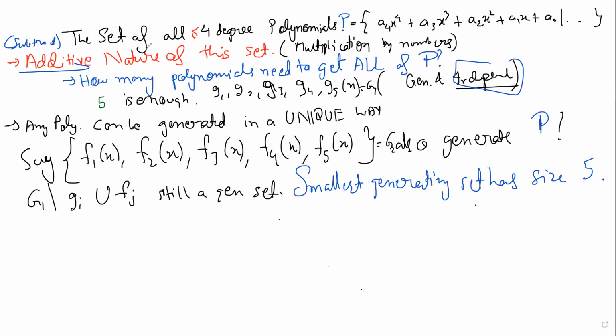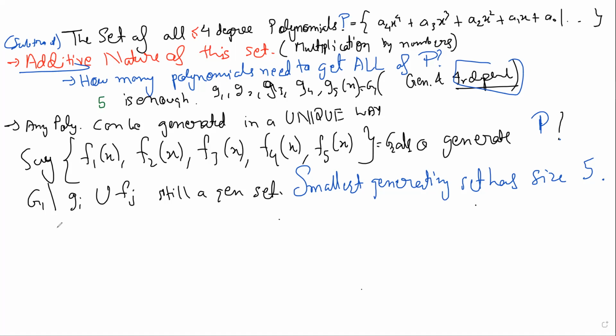And now we want to generate generating sets. We want to create trees. We want to understand how we can create trees: when I'm handed 5 polynomials, how to decide if they generate everything or not.